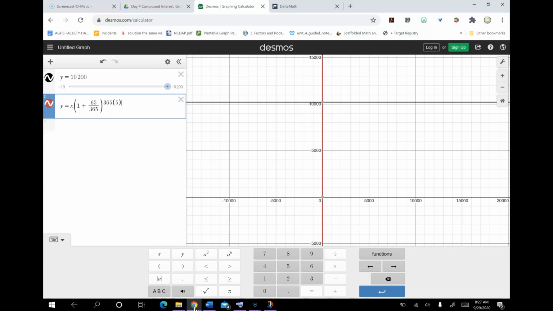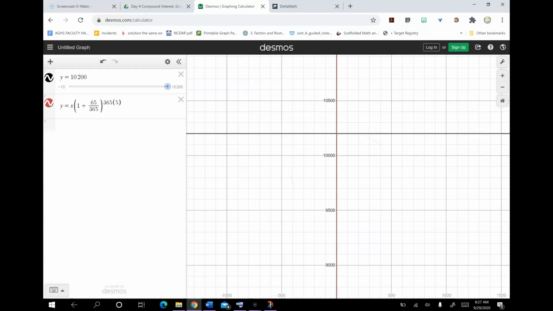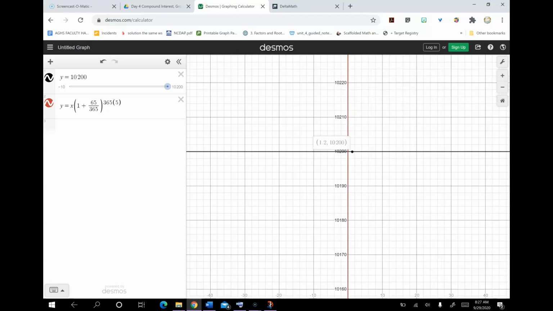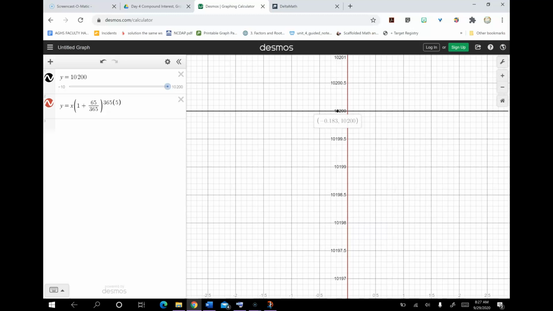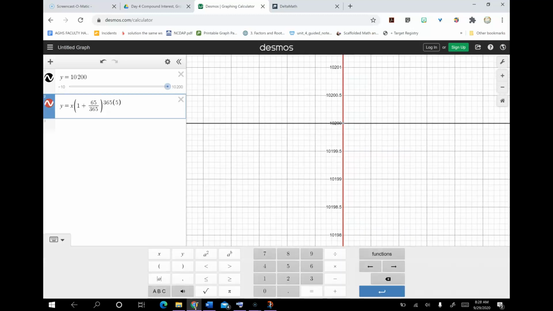Find their intersection. Ooh, it's right there. I didn't have to scroll this time, did I? Oh, nope, that's not it. It's not 0. Zoom in. It's not 0. All right, we're going back home.